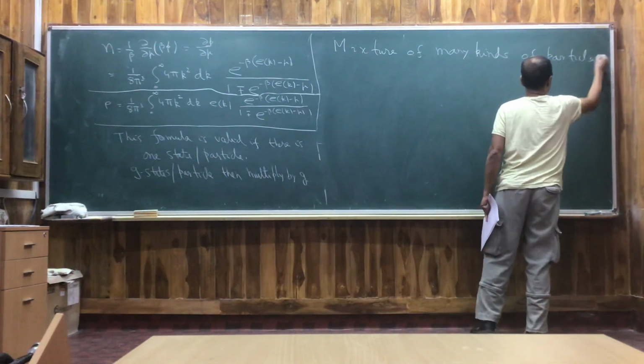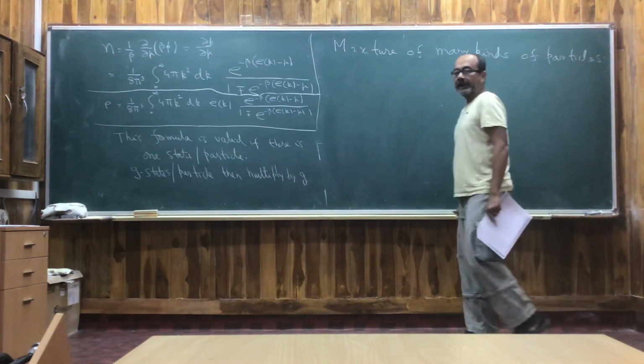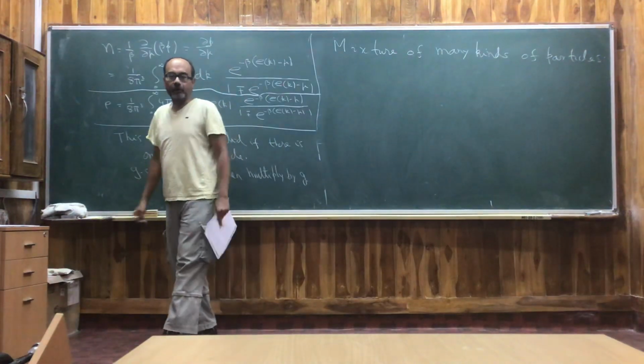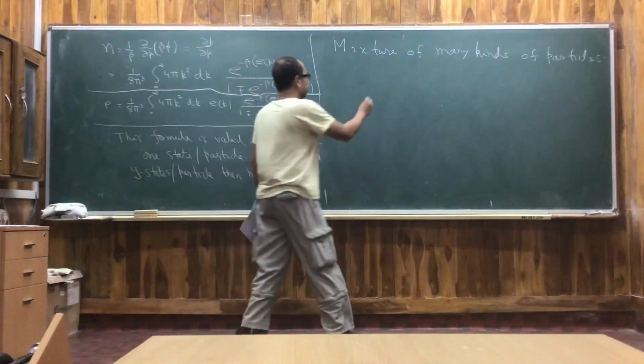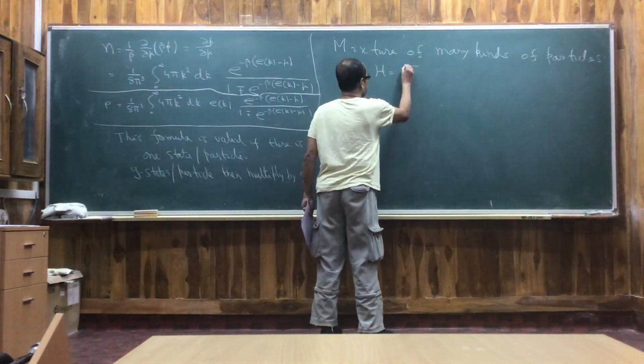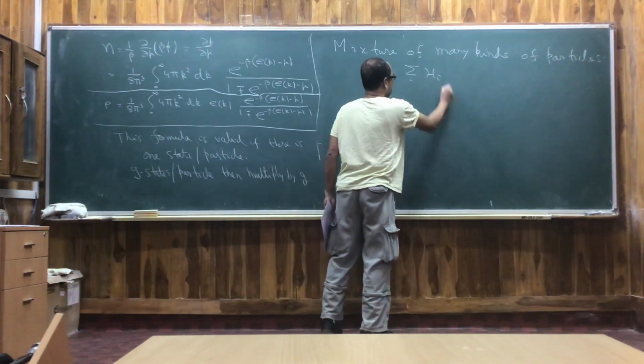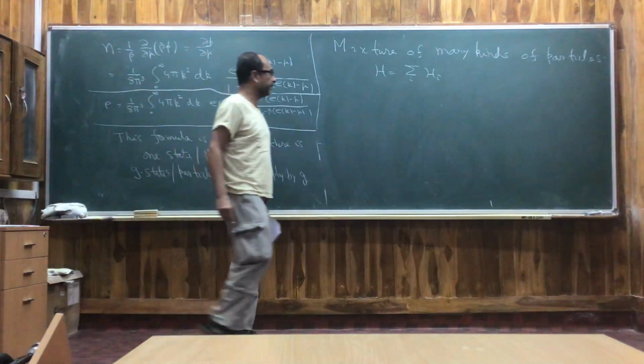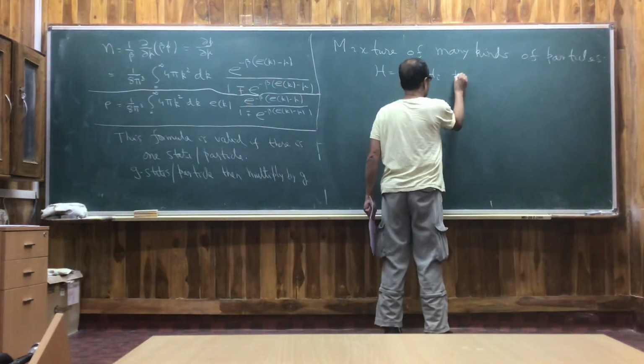And again, we will assume that each particle is described by a free Hamiltonian. So the total Hamiltonian is basically the sum over the free Hamiltonians of individual particles. But there is a small interaction part.